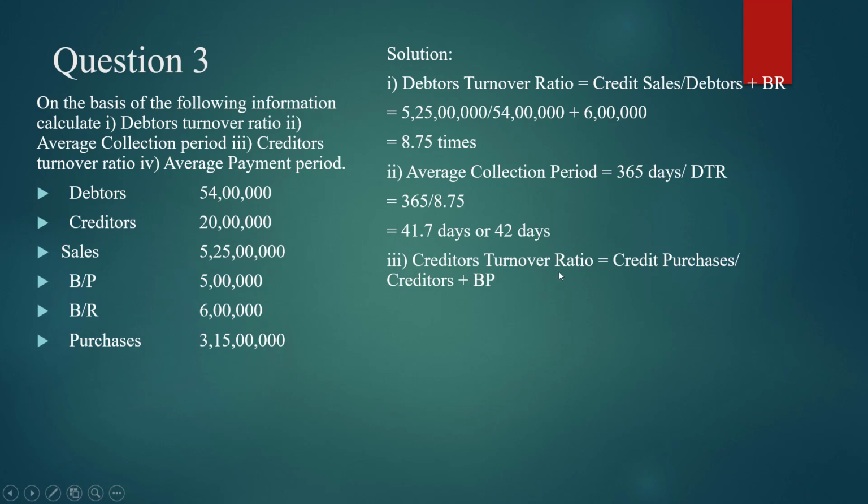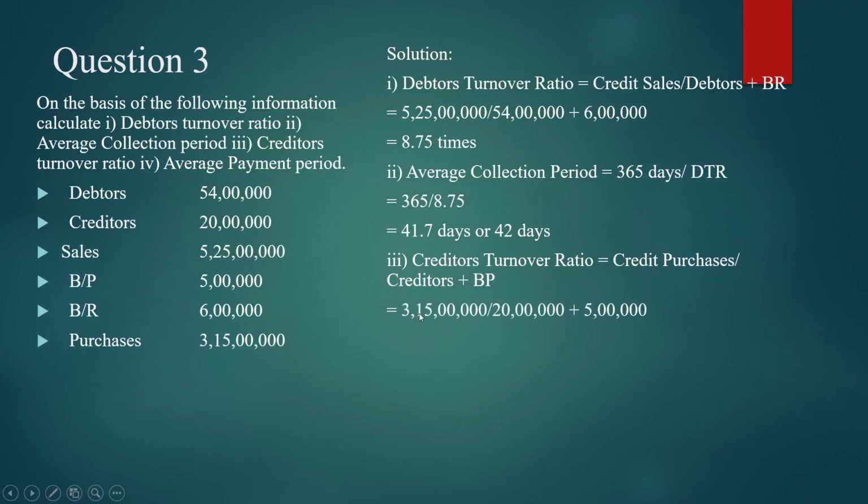Next is creditors turnover ratio. The formula is credit purchases divided by creditors plus bills payable. Why are we using creditors plus bills payable? Because we don't have any opening or closing balances. Next, credit purchases. Here purchases is given, but they have not mentioned whether it is cash or credit, so we'll directly take this purchases value here also.